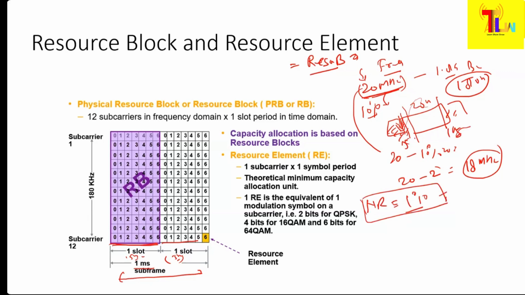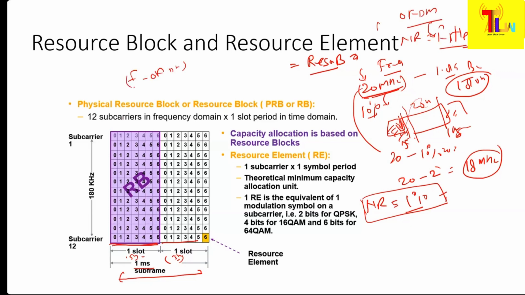The reason behind it is that in LTE we use OFDM, and in NR we use filtered OFDM. We will discuss that. It's an advanced version of OFDM, we call it filtered OFDM, F-OFDM.